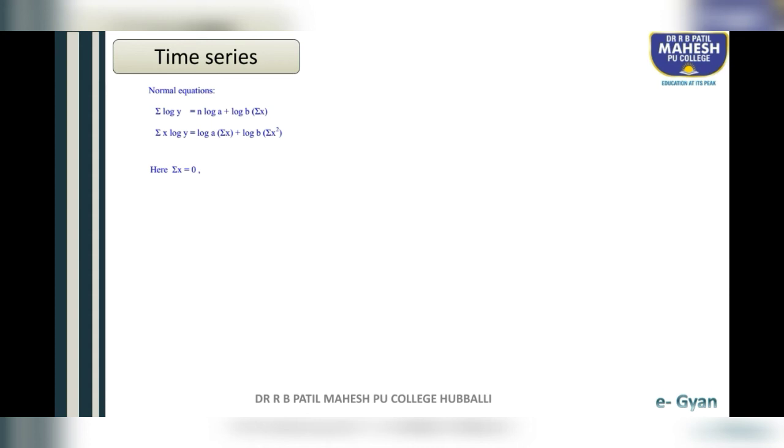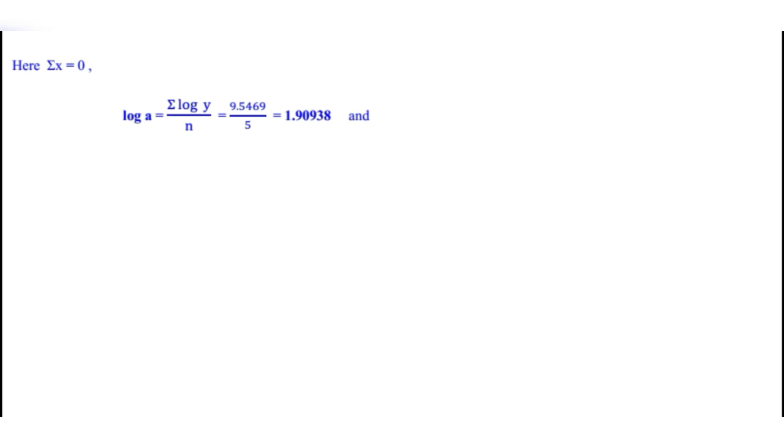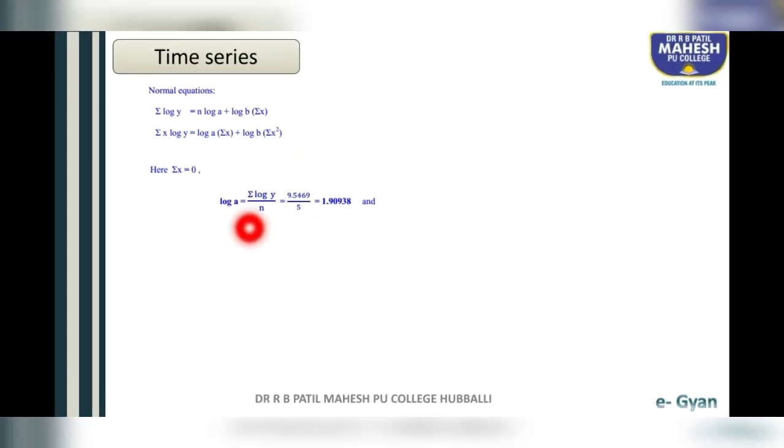Here summation x is 0. If summation x is 0, to find out the log a value, the formula is summation log y divided by small n. Summation log y total is 9.5469 divided by small n, the number of values, which is 5.